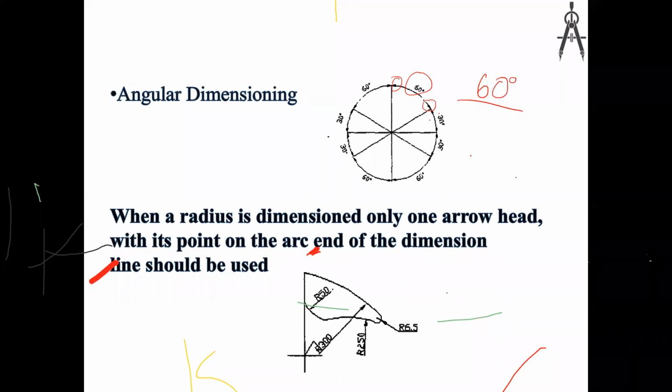Always write the letters above the dimension line. Above the dimension or leader line, with a 1 millimeter gap.